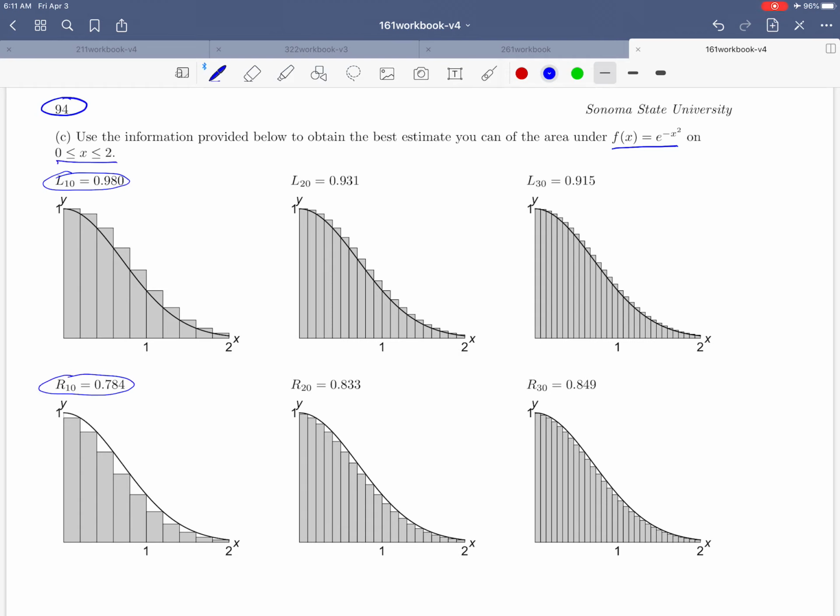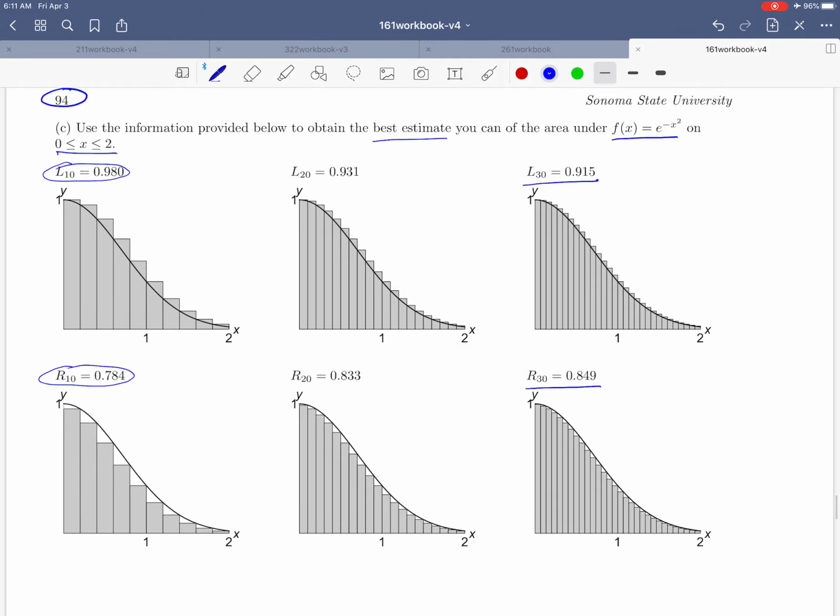Okay, and so the question that I want to throw out there is, based on all the data that they've given us here, 6 different numbers, how would we find the best estimate for the area under the curve? Where would that be? Well, if you think about it and look at the pictures, you'll probably see that the bigger the value of n is, the better estimates that we're going to get.